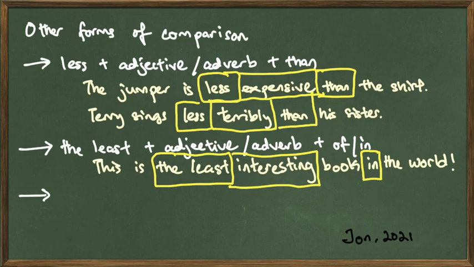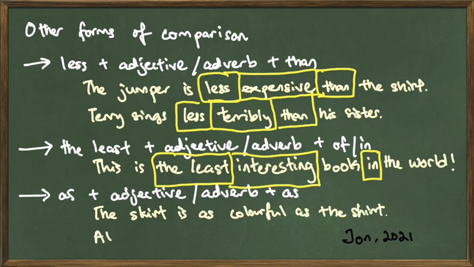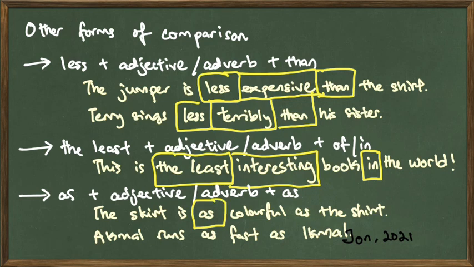Nampak penggunaan dia. As we go on, as plus adjective or adverb followed by another as. The skirt is as colorful as the shirt. Akmal runs as fast as Ikmal. So you can see that as, then you have the adjective followed by another as.